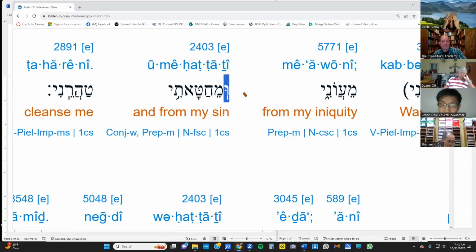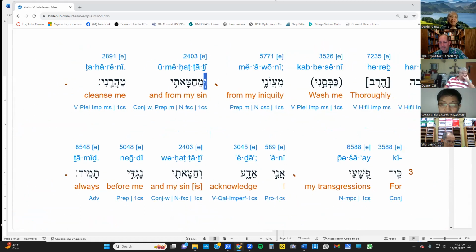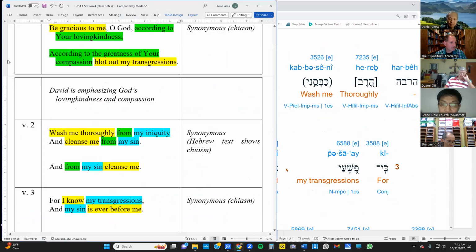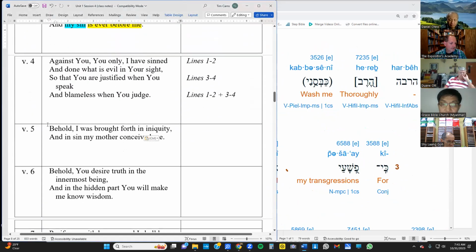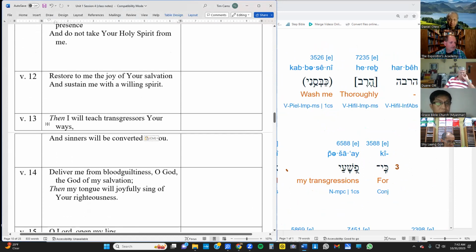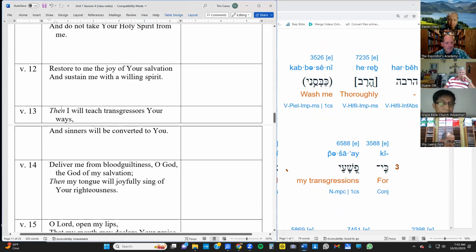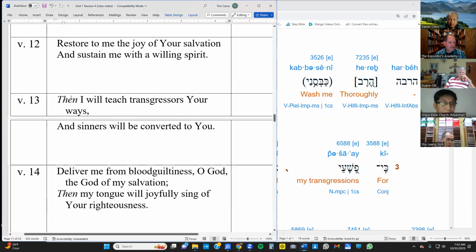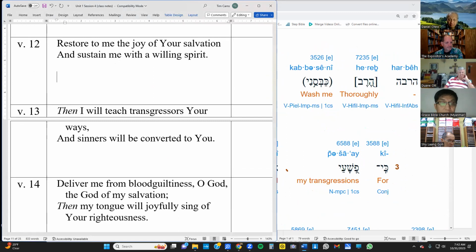And so, for example, we'll see that in a little bit. I think, let me see which verse it is. Verse 13. Notice it says there, then I will teach transgressors your ways.